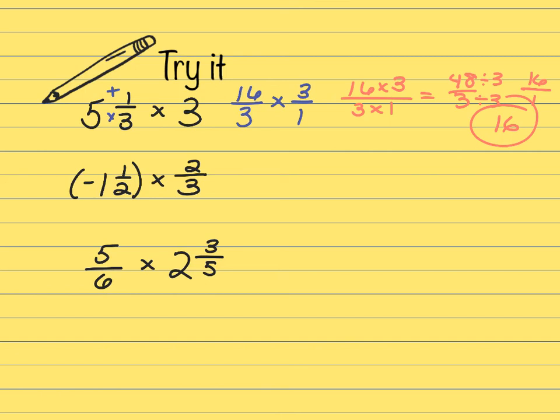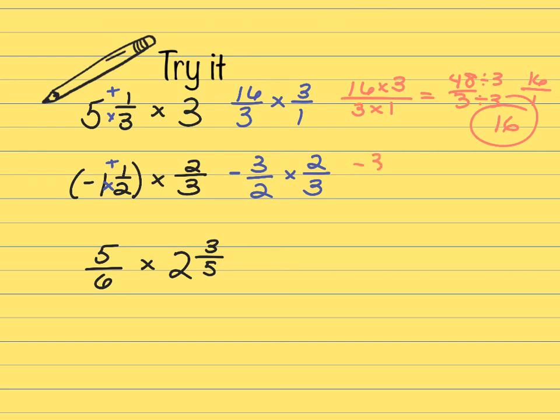The next problem is solved by changing the mixed number -1 1/2 to an improper fraction. We're going to multiply 2 times 1, that equals 2, and then we add 1, 3. -3/2. And we're multiplying by 2/3. Now we're going to use our algorithm for multiplying fractions.